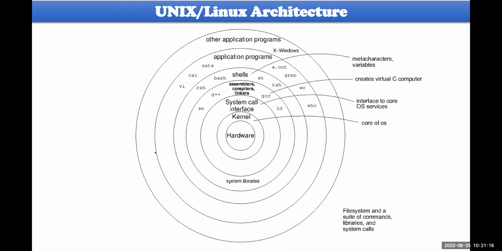And then followed by the Unix or Linux operating system architecture. There are several layers in the Linux operating system. The very basic level, common for any kind of software, is hardware.